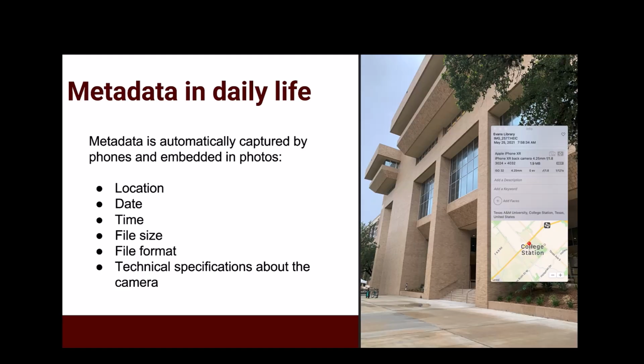You are already creating metadata in your everyday life. Say that you take a selfie in front of Evans library. In that case, your phone automatically creates metadata such as the GPS location, date, time, file size, file format, and information about the camera.